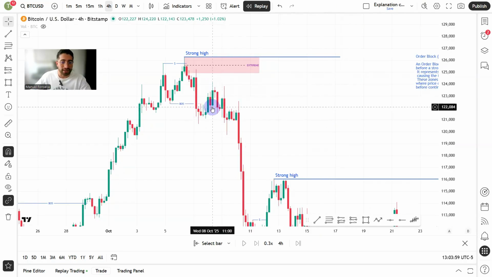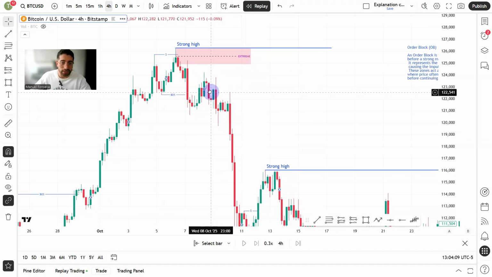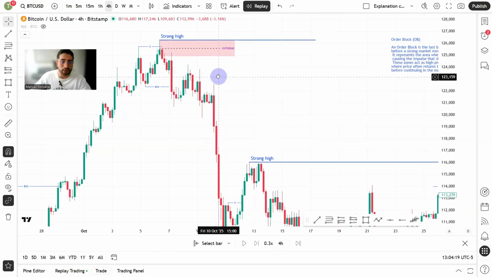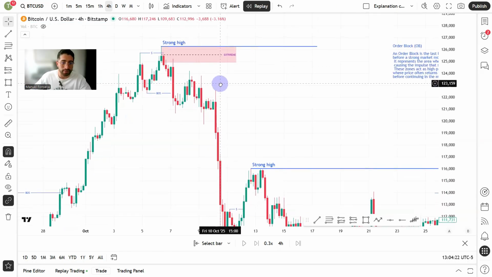Candles don't mean anything, right? So would we say this green candle is the one we have to spot as our order block? Not at all, my friends. We have to select this one, the red candle. Why the red candle?